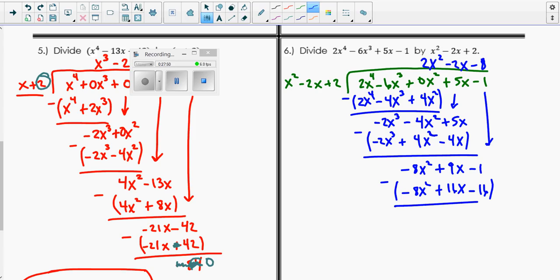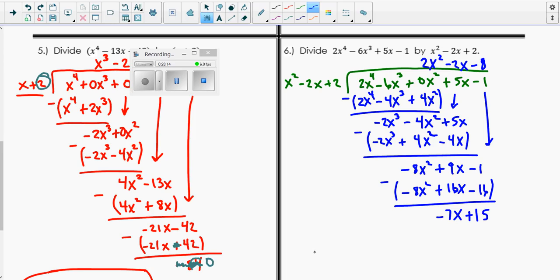Again, don't forget that. These two are going to become positive, which makes that cancel. 9 minus 16 is negative 7x. And this negative and this negative are going to make a positive, so 16 and negative 1 makes positive 15. So in this one, we do have a remainder.